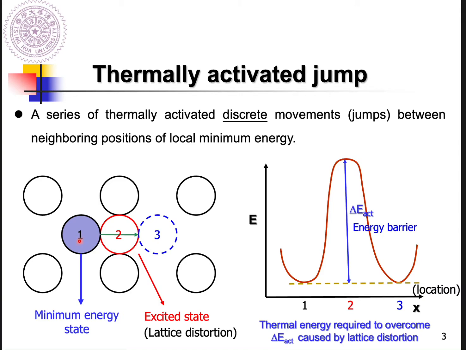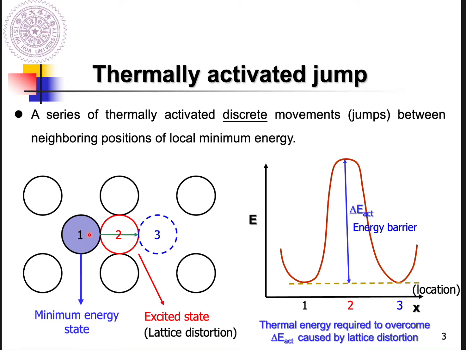So as long as the atom at location 1 has energy higher than the energy barrier, and there's a vacancy at location 3, then the atom at location 1 can make a successful jump to location 3, as long as it has thermal energy higher than this energy barrier.